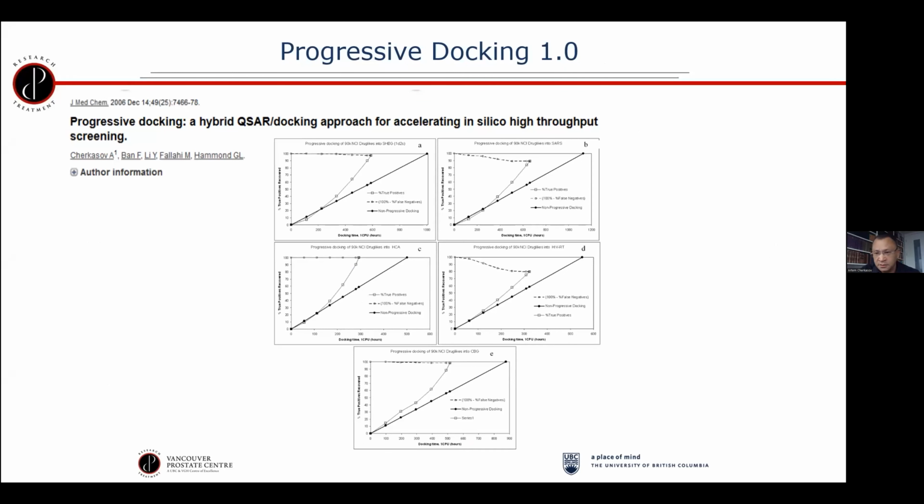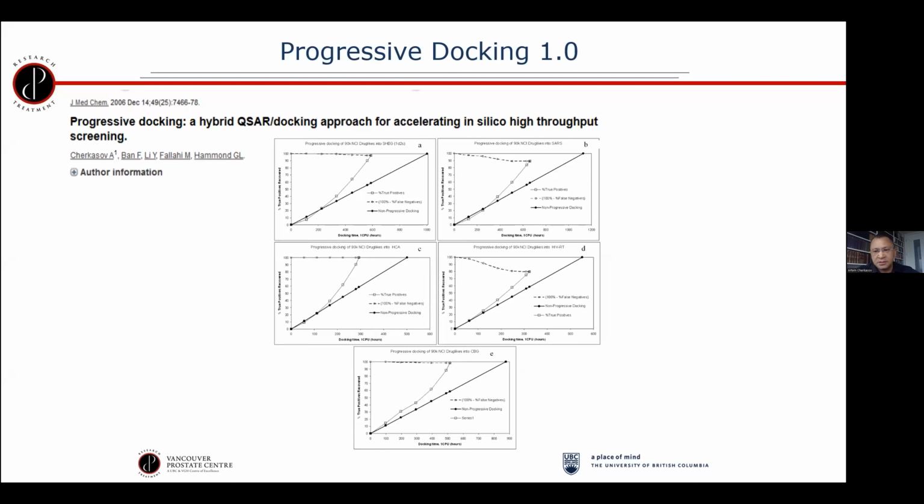What if we start predicting docking scores? Because you can dock just a fraction of a database and train a machine learning approach on the real docking scores and start predicting. Progressive docking predicts compounds as we go through the database. It starts predicting which compounds that haven't been docked yet don't look very good.